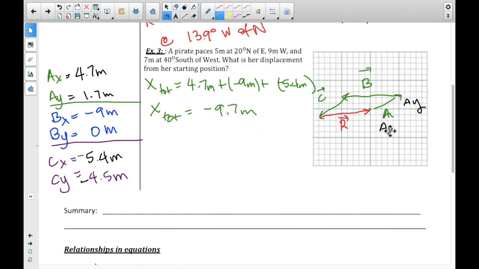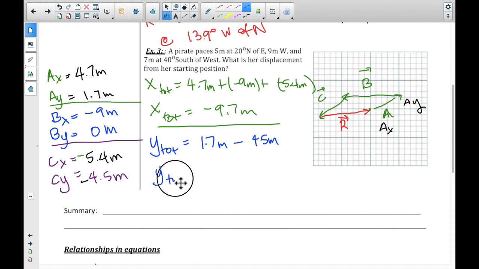I'm just double checking, logically, does that make sense? And I think it does, so we're going to stick with that. And then I'm going to add up those y components, and I get 1.7 minus 4.5, and I'm getting a negative 2.8.